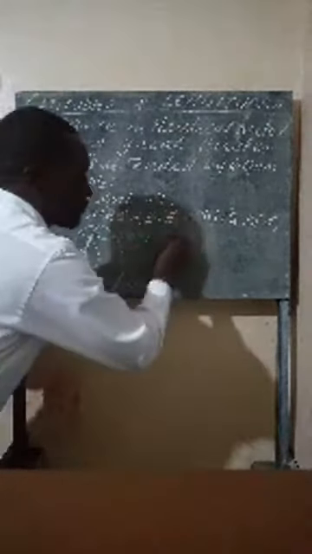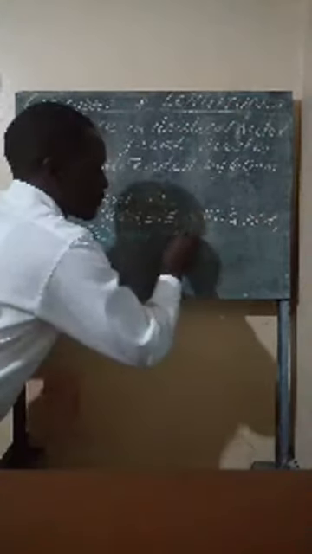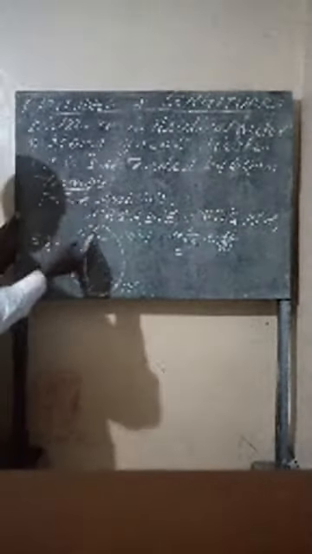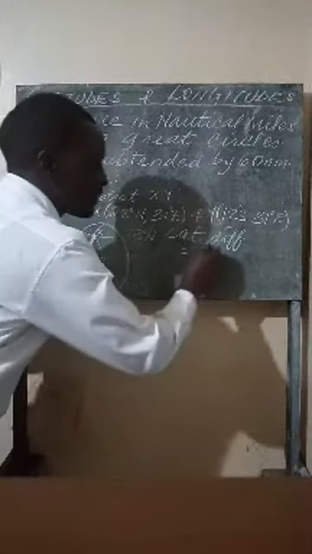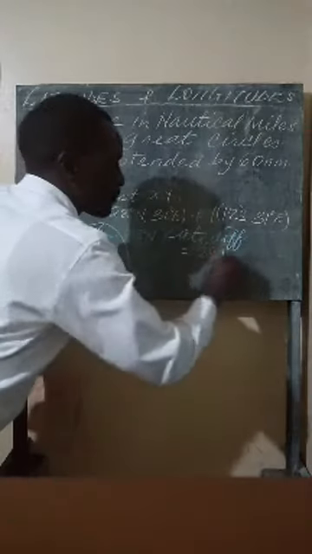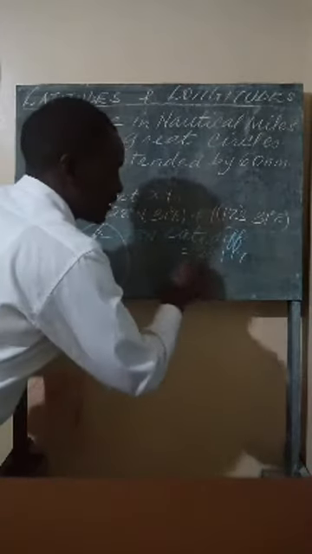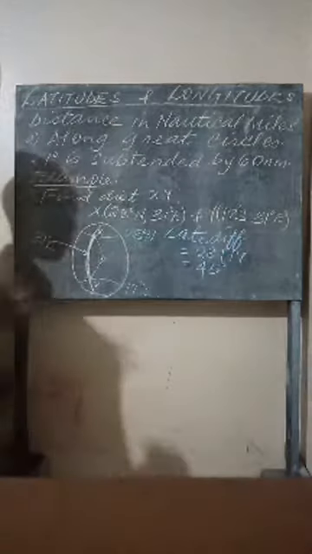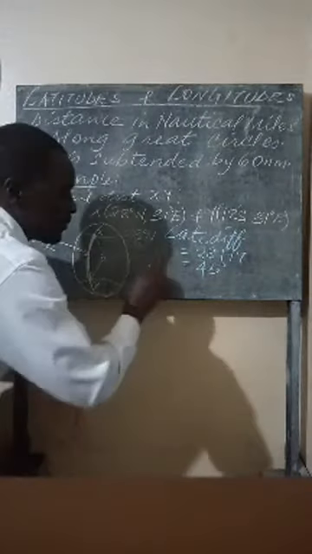What is the latitude difference? I hope you still remember, when they are on opposite sides, we add the angles. So that will be 28 plus 17. That will give us 45 degrees.